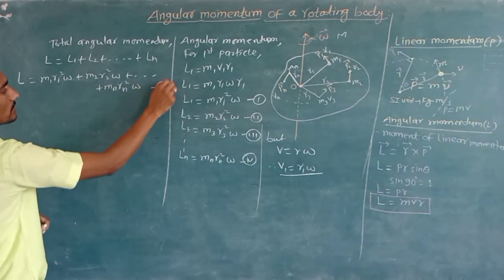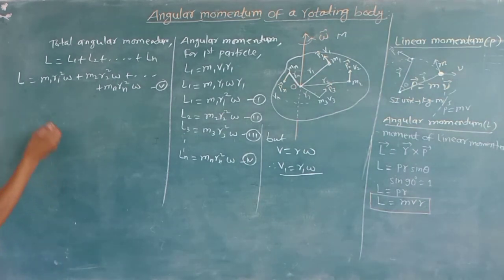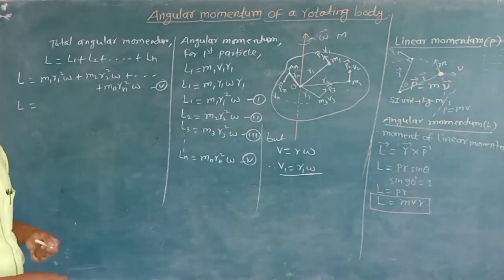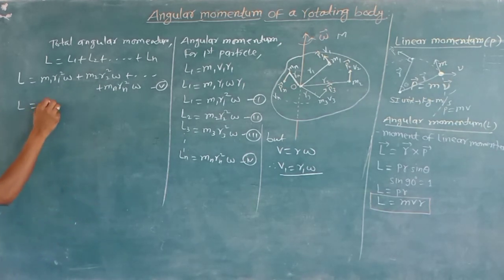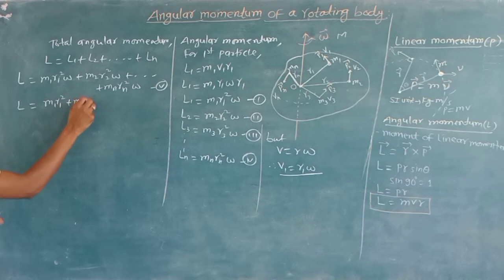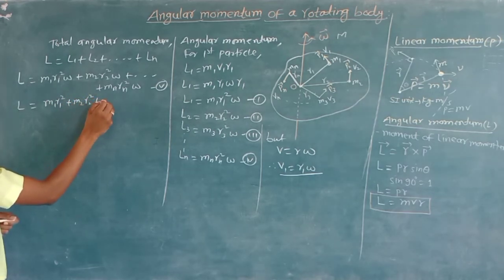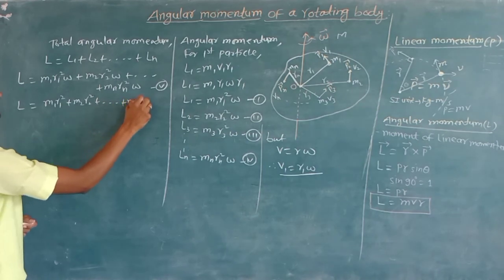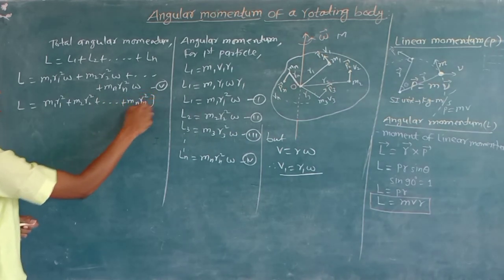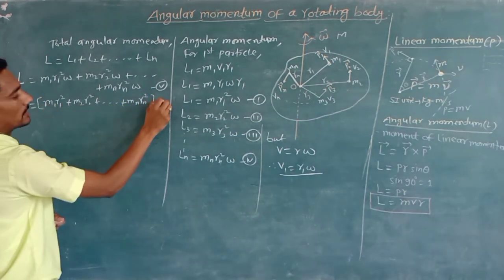This is equation number 5. Now taking the common angular velocity omega, we get m1 r1 square plus m2 r2 square plus up to mn rn square, in brackets, times omega.